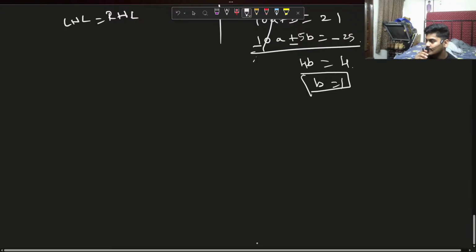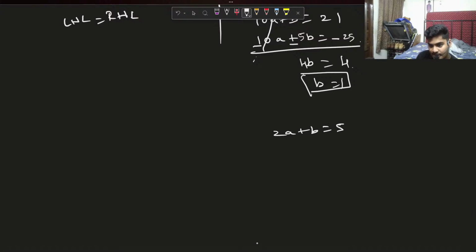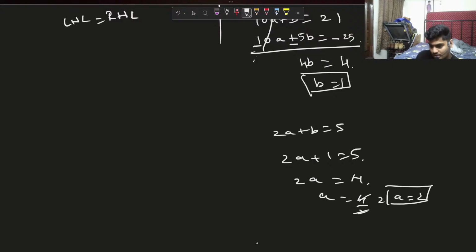Sorry. Now it is 2a plus b is equals to 5. So when b is 1, 2a plus 1 is equals to 5. So 2a is equals to 4. a is equals to 4 by 2, a is equals to 2. Sorry for the confusion.